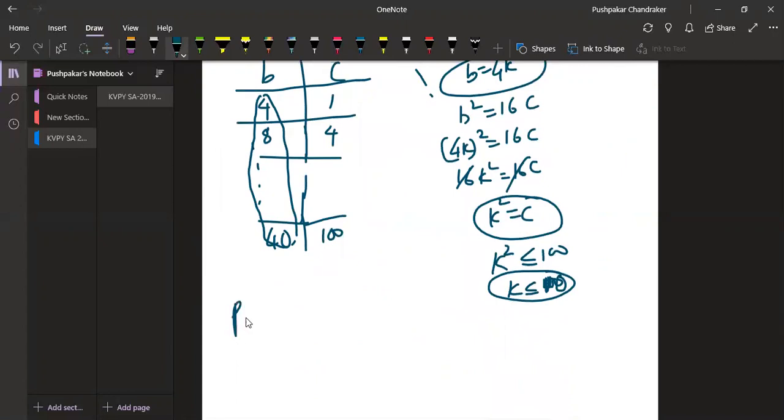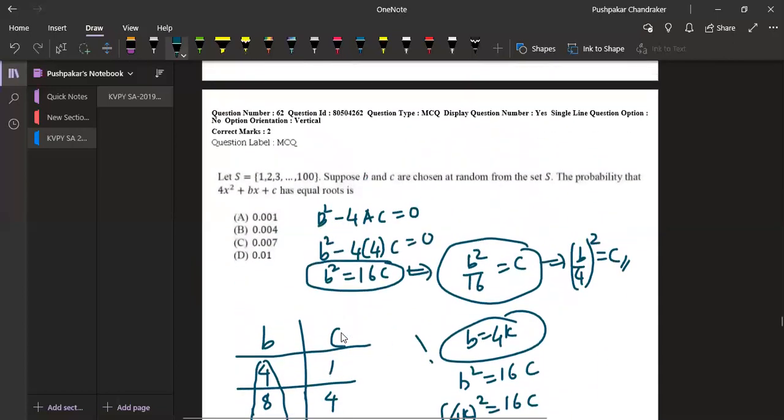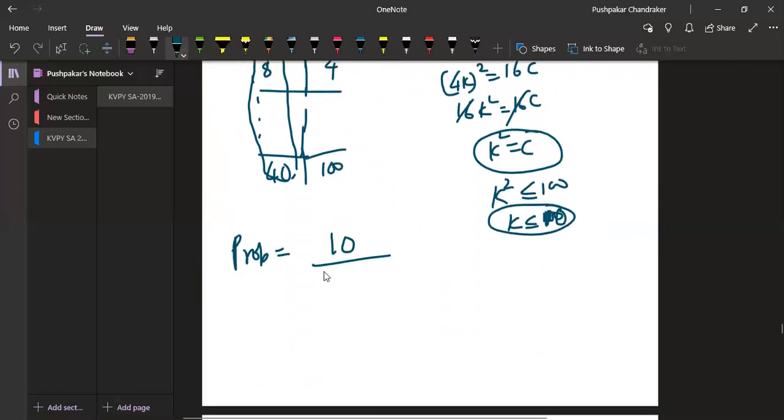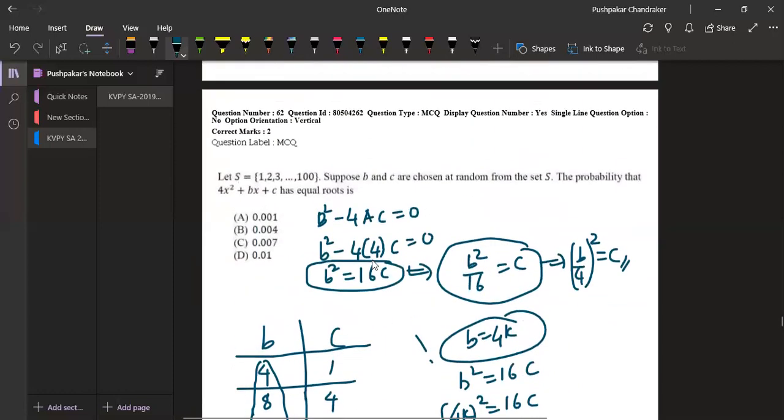So probability. What is probability? Equals number of favorable outcomes. Favorable outcomes only 10, because there are only 10 possibilities to choose. Because each value of b will get a c value. Now divided by total possibilities. See, b and c are chosen from this set. So how many values of b are possible? 100 values. And c possibilities again 100 values, because it can be any number from 1 to 100.